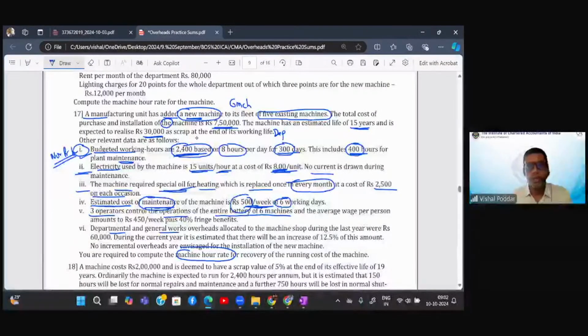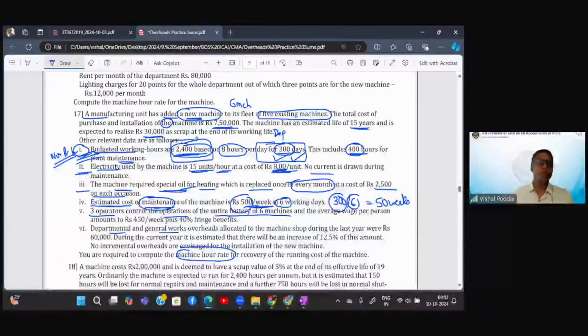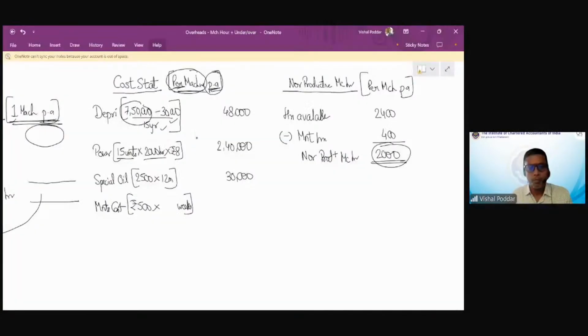However, here some data is given at the start that your hours available was calculated on the basis of 300 days in the year. So 300 working days divided by 6 working days in a week. So this is in a year, this is in a week. So I get my working weeks as 50. So had this data not been given, I would have taken 52 weeks. But because of this specific data given in this sum, my working weeks come out to 50.